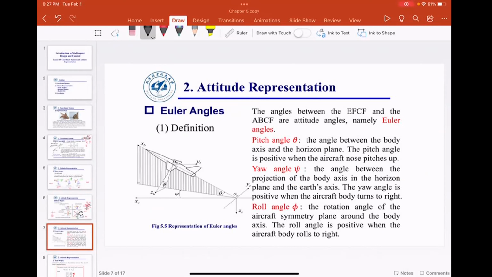You don't have articulation in two different axes. You just have articulation in only one axis. That is the problem with Euler angle representation. That's why we use either direction cosines or rotation matrices, or we use quaternions. So, any questions here? Yeah.